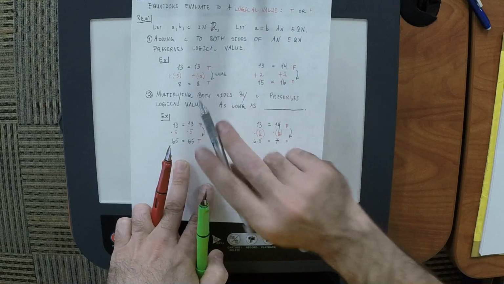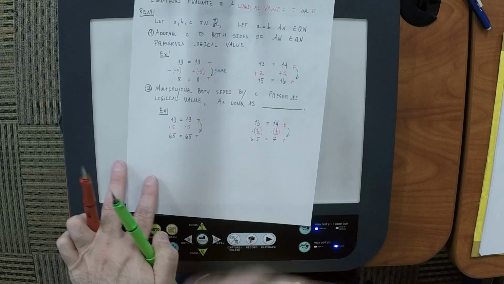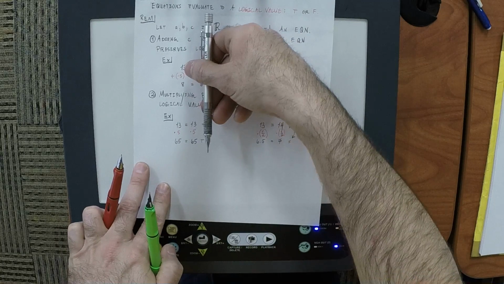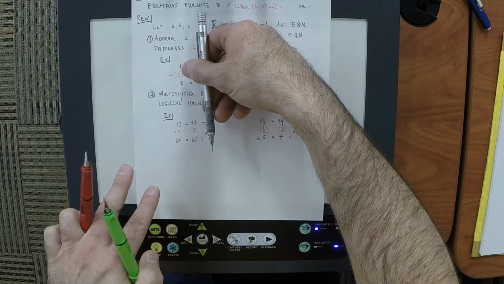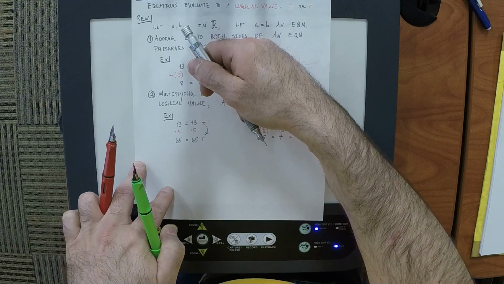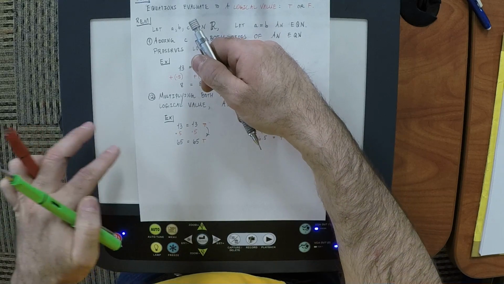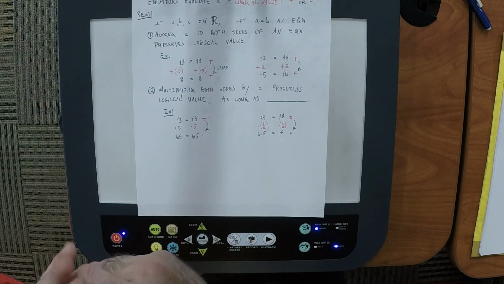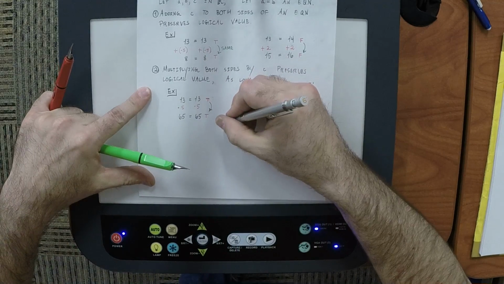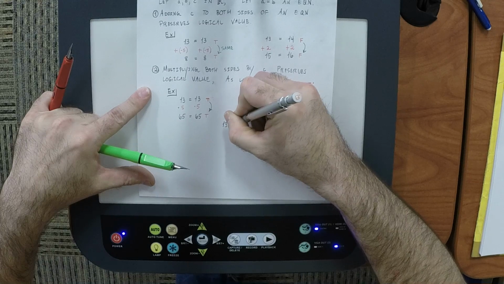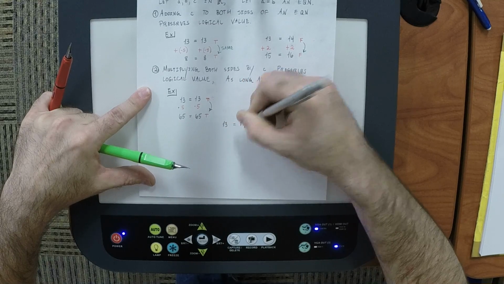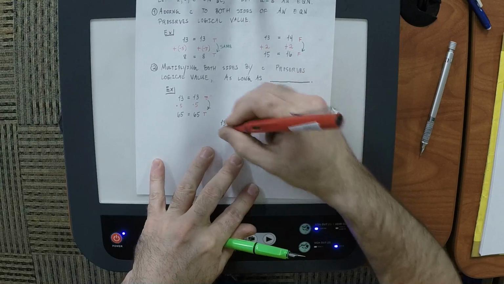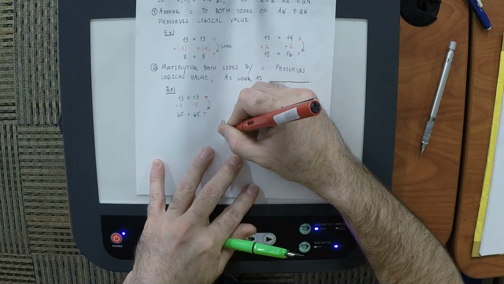So adding and subtracting are inverse to each other. This is multiplying. What's the inverse of multiplying? Dividing. And then, is it always permissible to divide by any number that you like? No, right? Division by 0 is not going to work. Same problem here. So how about 13 equal 14? That's an equation. Its logical value is false. Suppose we multiply both sides by 0.